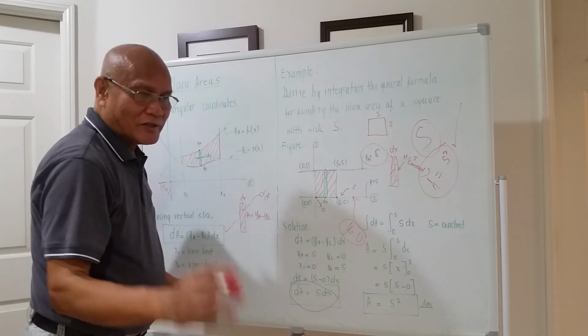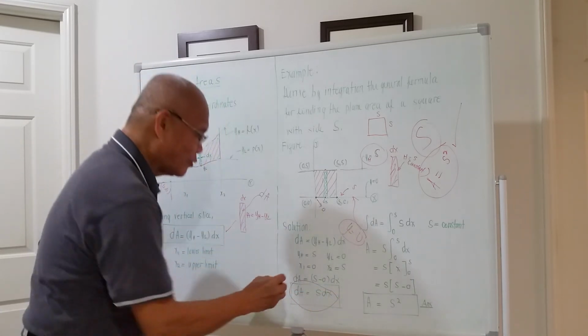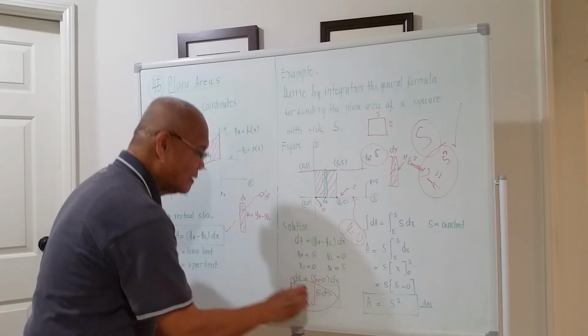To bring out the general formula for a square, try to integrate both sides.